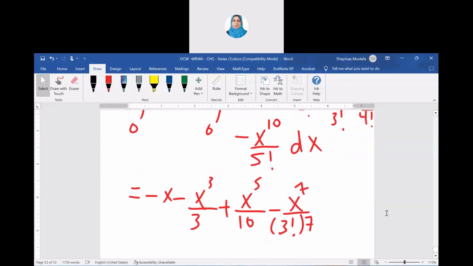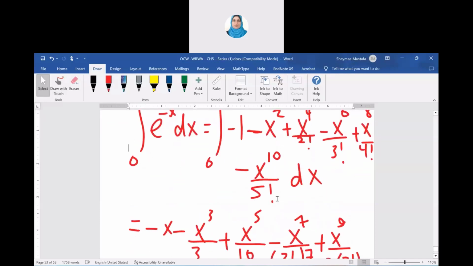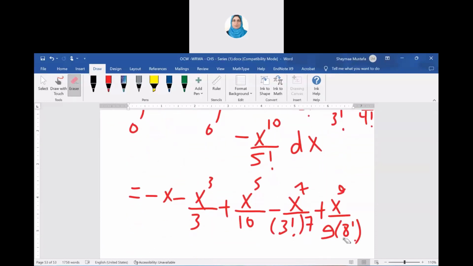The integration of x to the power 8 is x to the power 9 over 9 times 4 factorial.